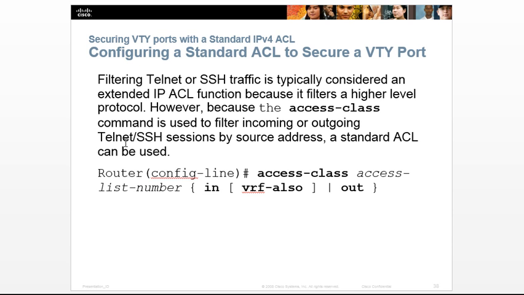Another thing you may wish to do is use the ACL command to secure access to the router itself via Telnet or SSH. And this is an extended IP ACL because it filters a higher protocol. However, the access-class command is used to filter incoming or outgoing Telnet or SSH sessions by source address.